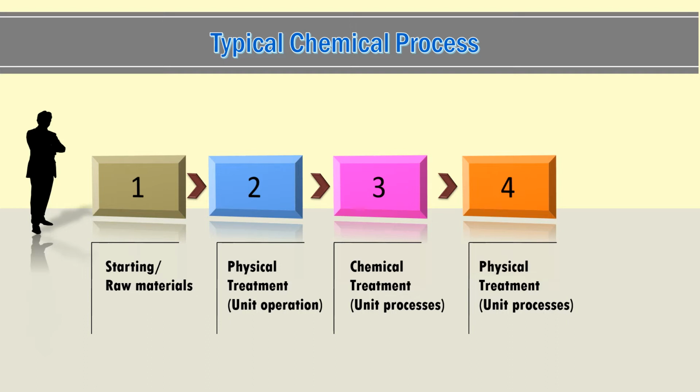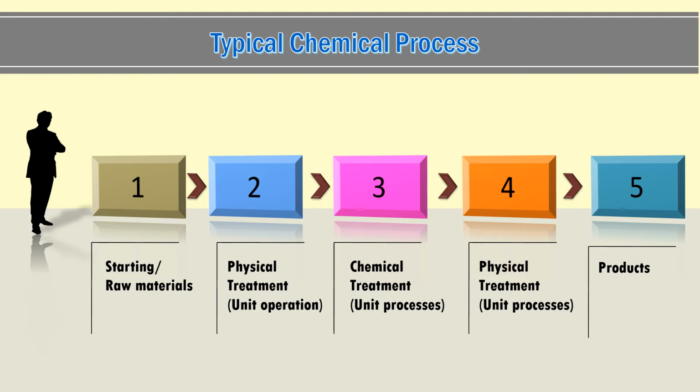After that, what we get finally is the product. That product may be solid or liquid or maybe gas. This product should be pure or of good quality. So for this, what we have to do?